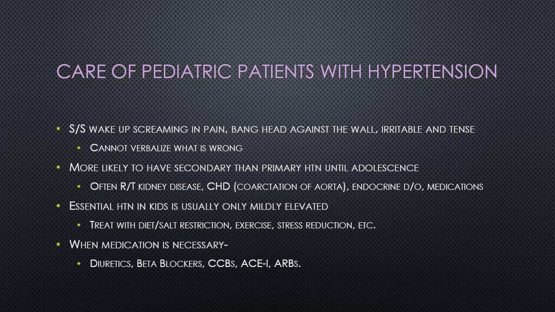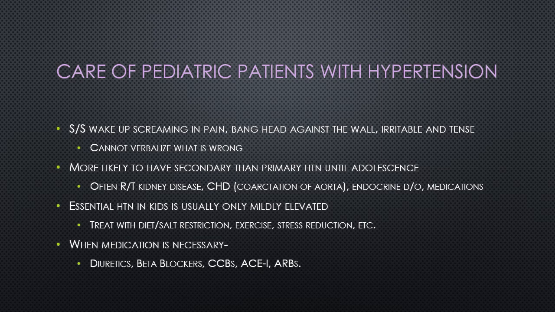So these secondary diseases are usually like kidney disease, congenital heart disease, a coarctation of the aorta, which makes it harder for the left ventricle to pump, and then endocrine disorders like thyroid problems and medications that they're on. Once they reach adolescence, they have the same risk factors for primary hypertension as adults.